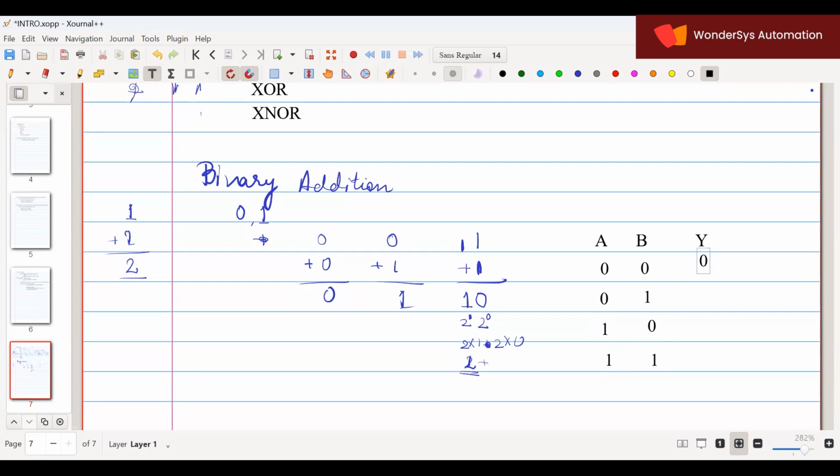So 0 plus 0 is 0, correct? 0 plus 1 is how much? 1. 1 plus 0? 1. 1 plus 1, should I write 1 or 0? 0. So this is the exclusive OR gate.